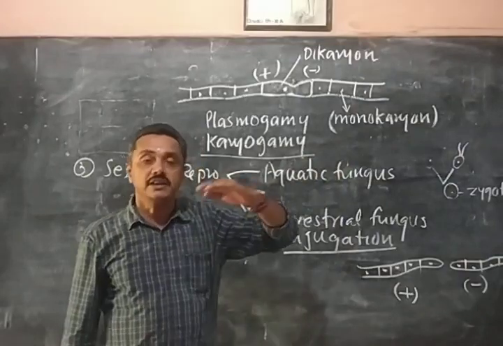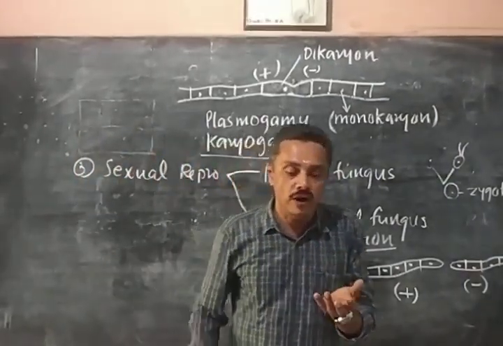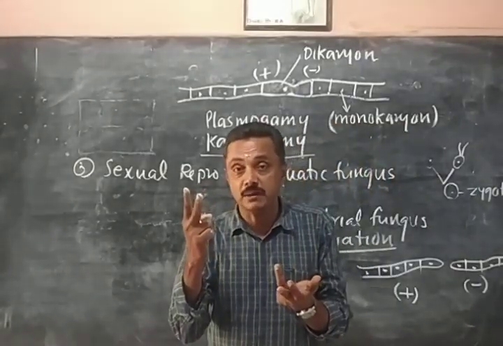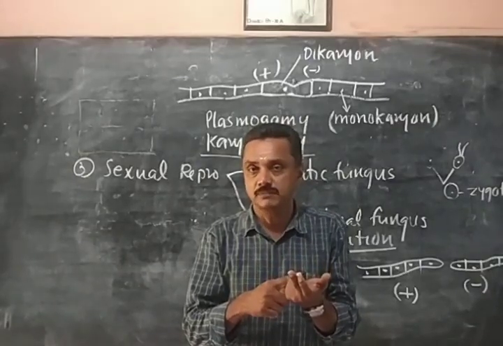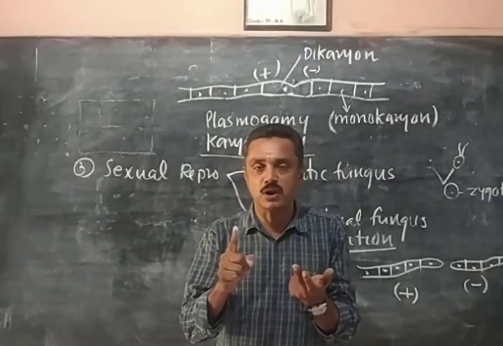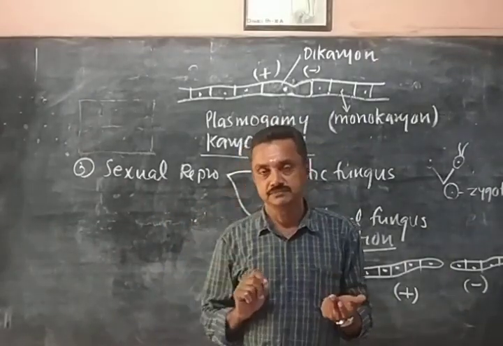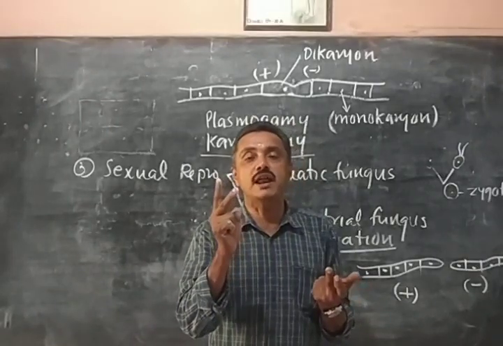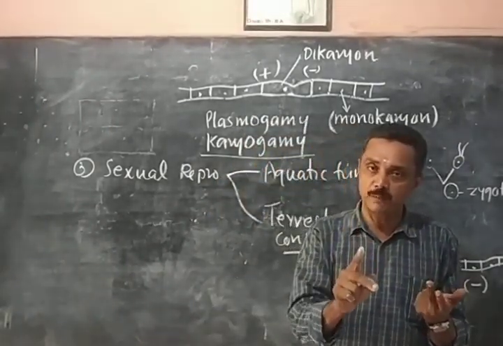So these are the types of reproduction in fungus. So fungus reproduce by which methods? One, by the vegetative method, two types: fragmentation and budding. Asexual reproduction, two methods: spore formation, sporangia, and conidia formation or conidiophore. Sexual reproduction by two methods. In aquatic fungus, male and female gametes join together, resulting in zygote formation.